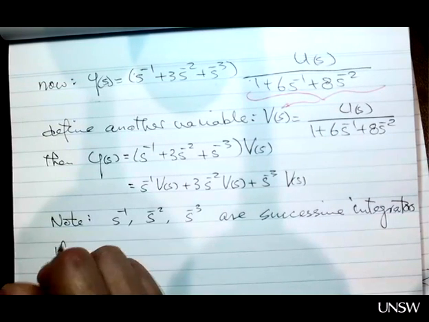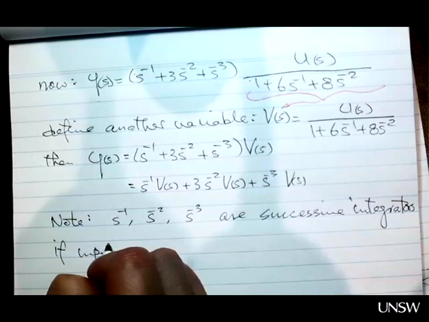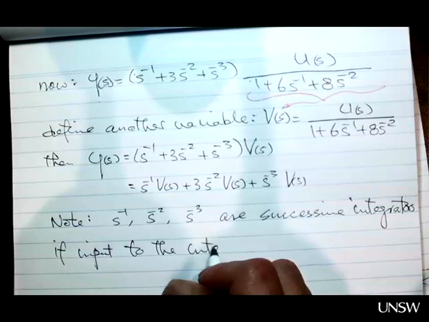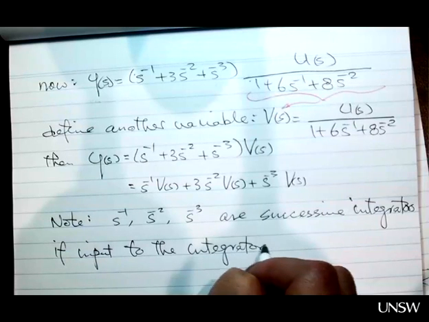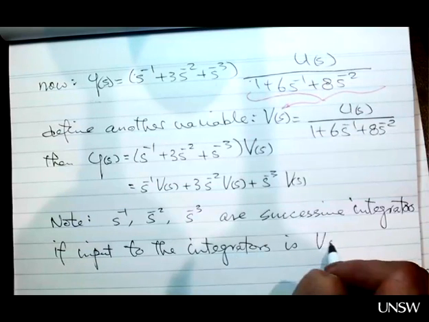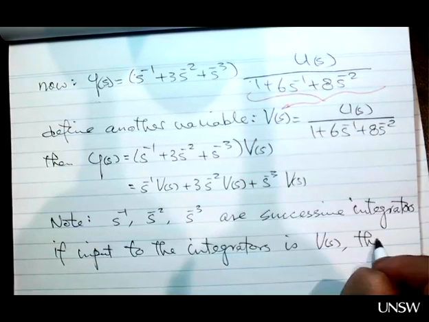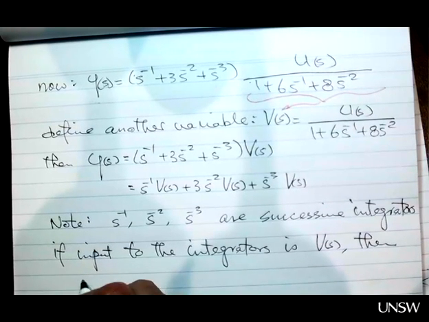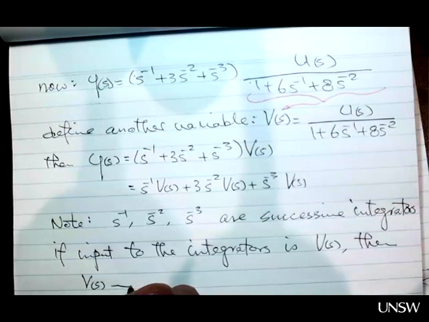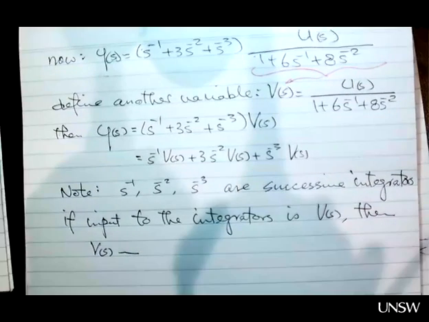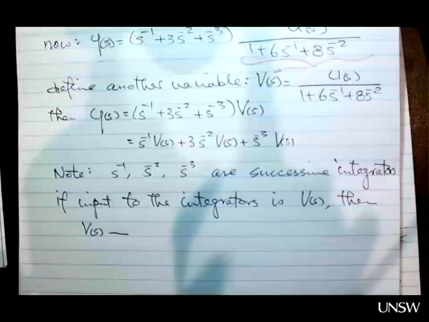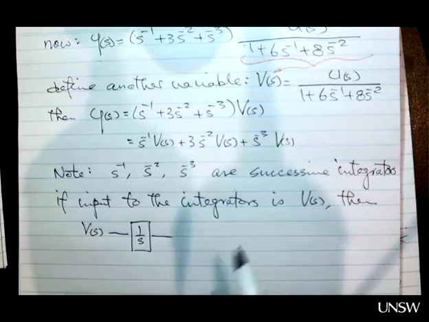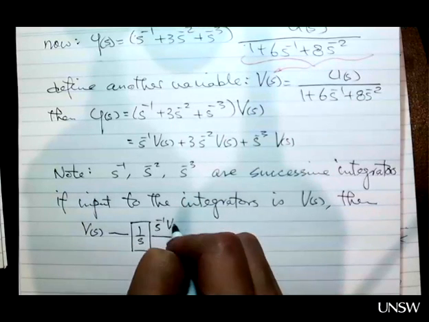So if the input to the integrators is V(s), then we have the V(s) input and then one integrator, so it becomes s^-1 V(s).